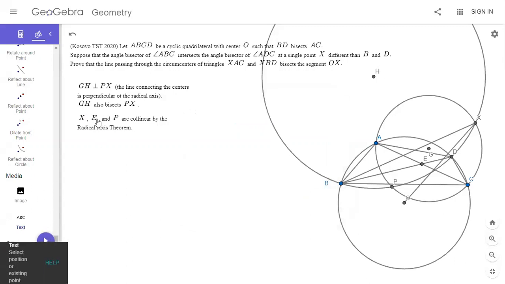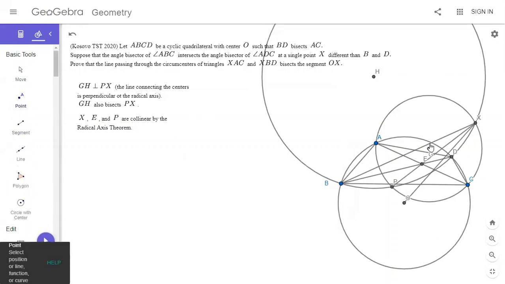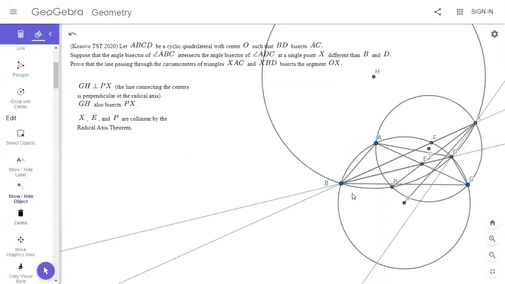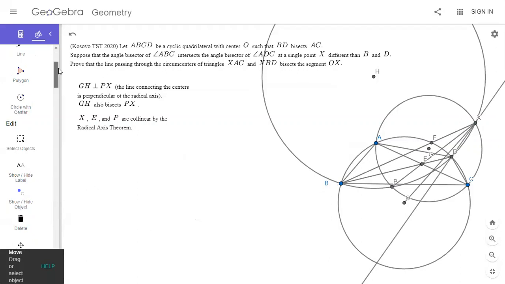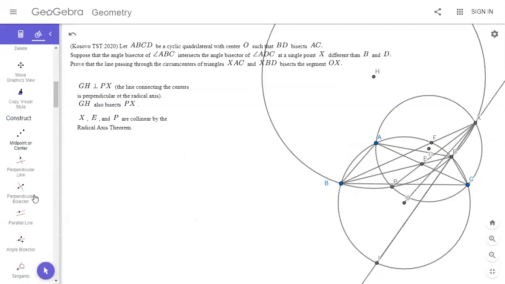Okay, so I'm going to draw that in. And then I'm going to draw in this point and this point. Okay.